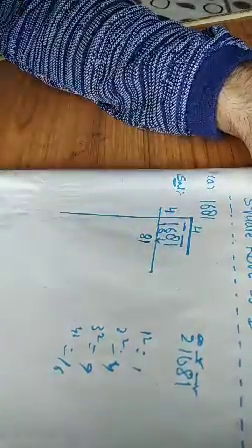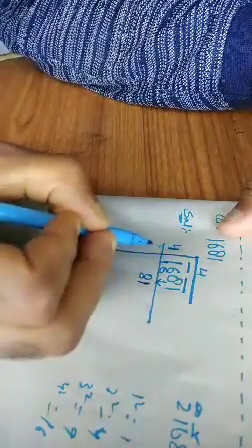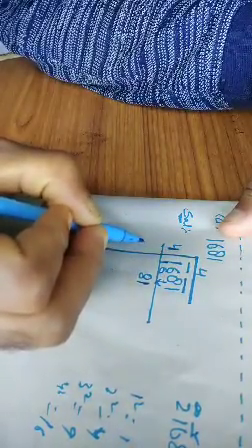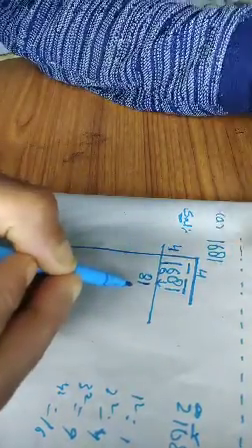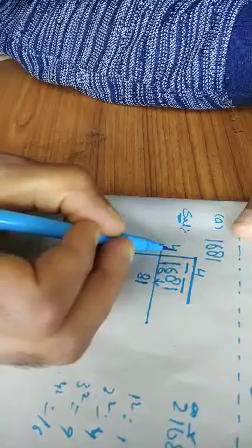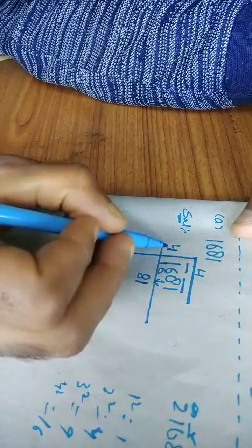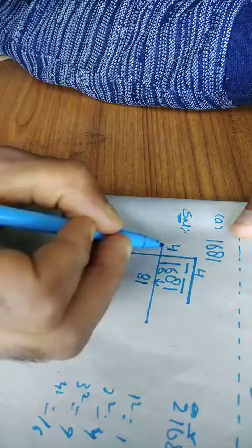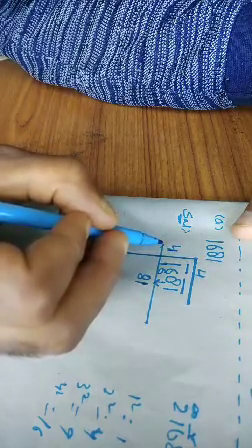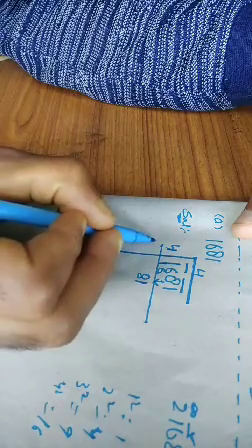Now we have to find the next divisor. To find the next divisor, the rule is that we double this divisor and write it here. The double of 4 is 8. 4 plus 4 is 8.